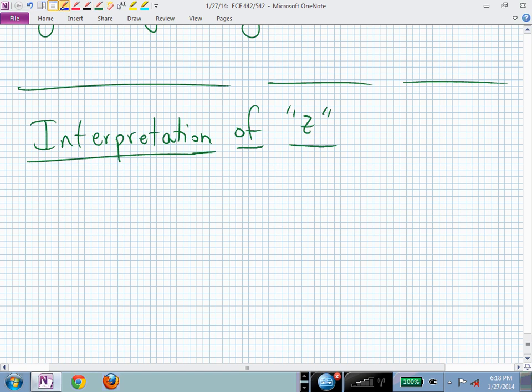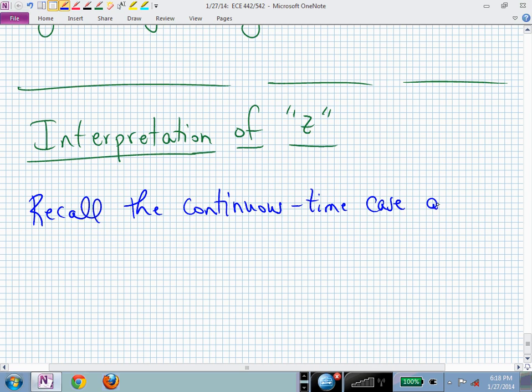Now, what I'm hoping to do is tie this in with what you already know. And I'm assuming you're experts with Laplace. Let's then recall the continuous time case. And the s domain.